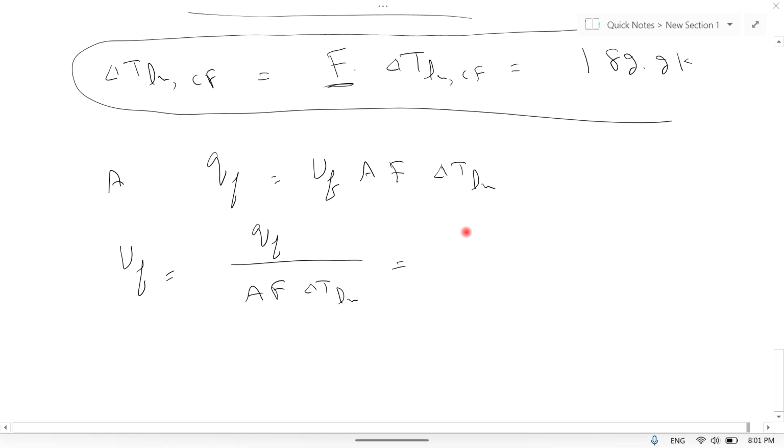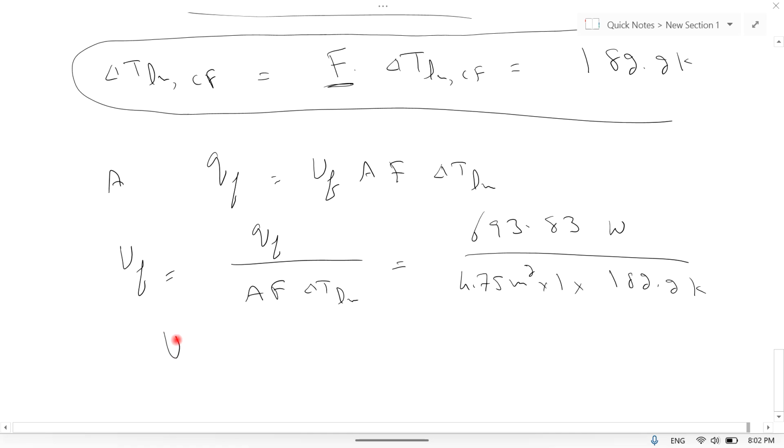So put values here: 697.83 is the value of QF, the area of the heat exchanger is 4.75, the correction factor is 1, and the log mean temperature difference is 182.2 Kelvin. So simplify this. The overall heat transfer coefficient in case of fouling is equal to 806 watt per meter square per Kelvin.